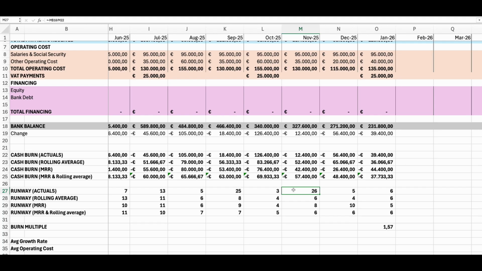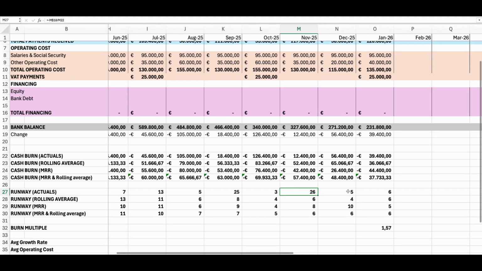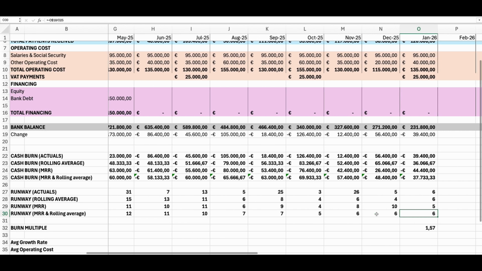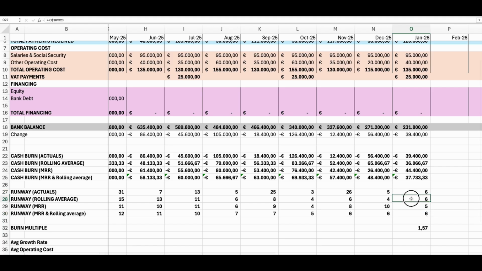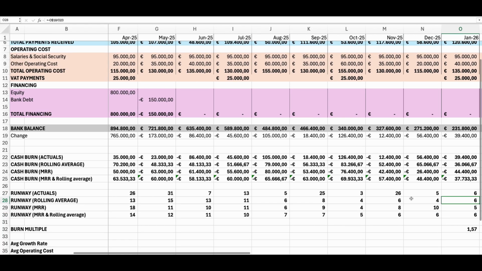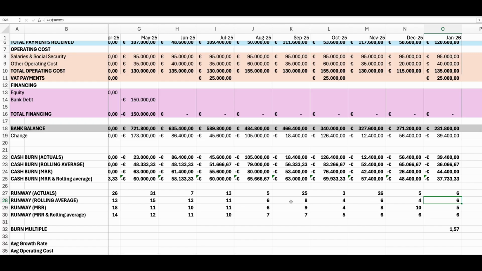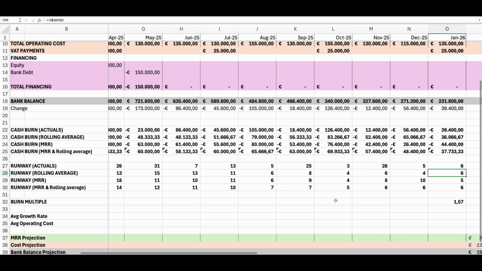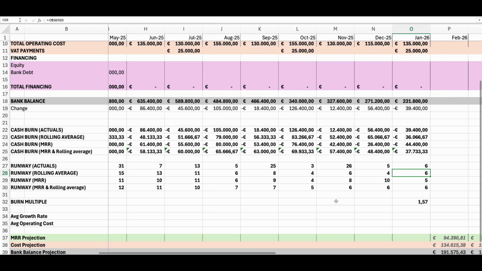That is not a useful statistic here for me. Again, as I said, I do like this line 30 very much. Also, line 28 is not performing badly at all. So we see that we have 4 to 6 months left basically in runway, using the rolling average just based on actual customer payments.